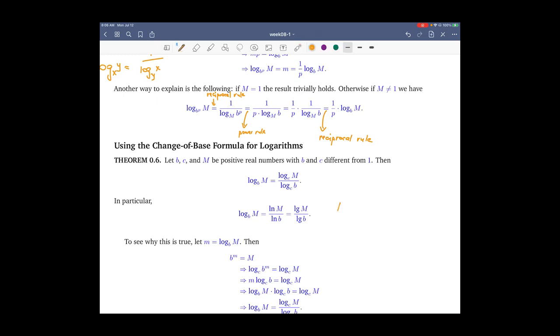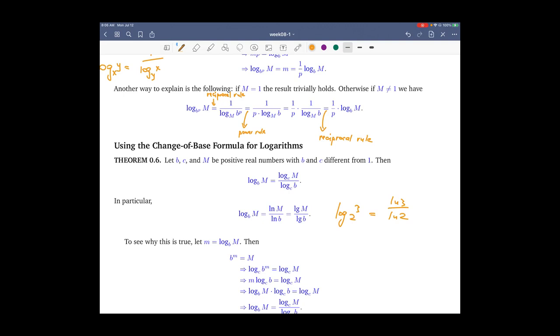Whenever you have log 3 base 2, for instance, you can always write that this is natural log of 3 over natural log of 2. That is very useful. You can now not think about other logs other than base e.